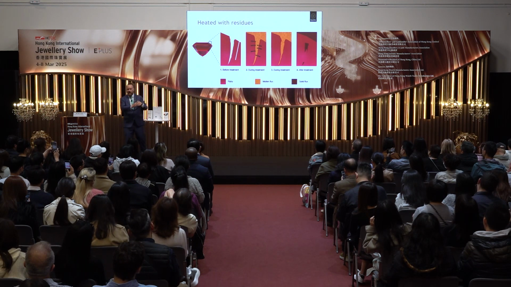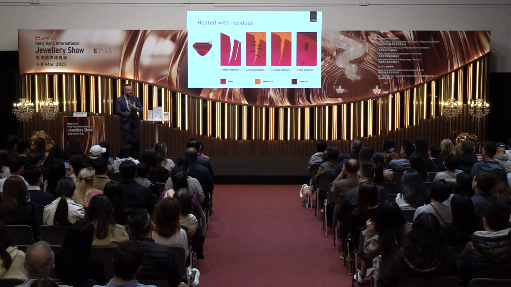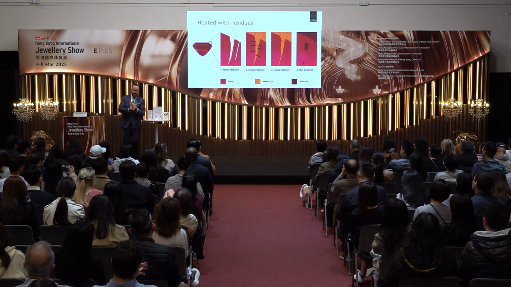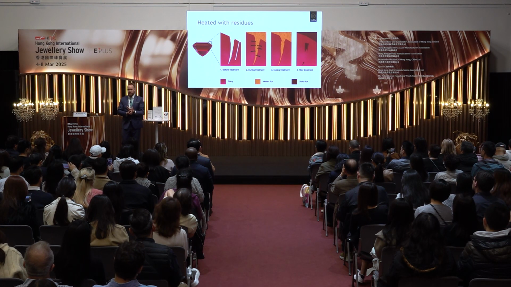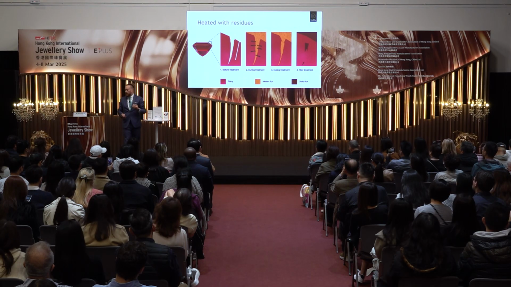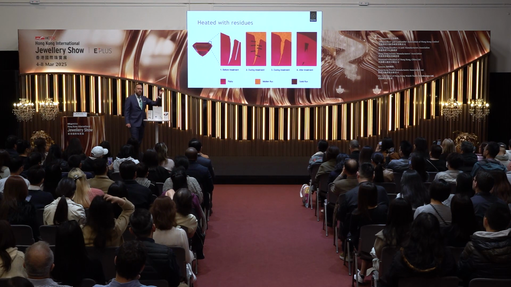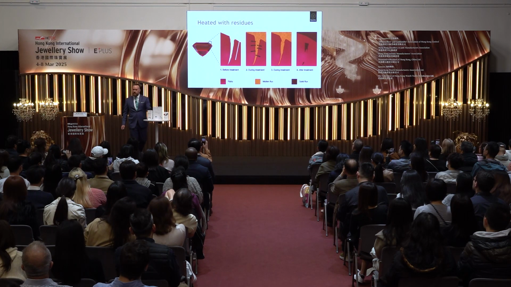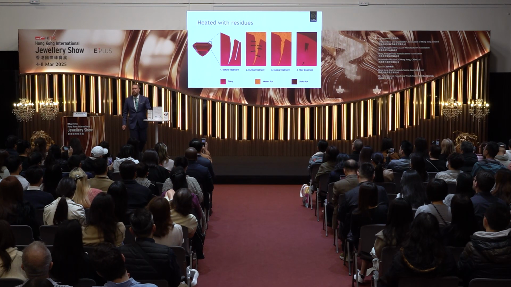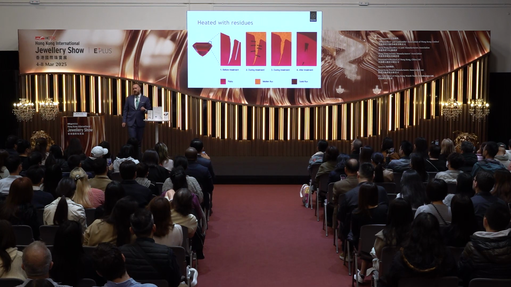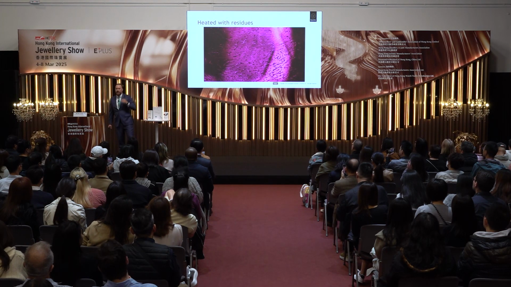When we cut ourselves, it won't stay bleeding forever. That cut will heal, but there will be a scar there. So it is these scars that we look for when we look for heated with residues. And actually, that residue part in that heat with residue explanation, that residue refers to the scars that we see in the ruby there.